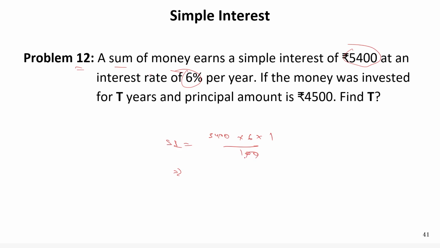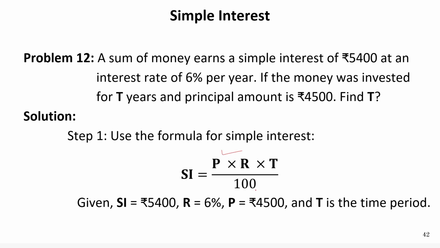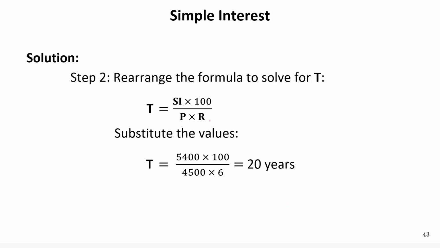Then we want to calculate the time for which the money was invested, right? With principal 4500, the time period is SI into 100 by PR, which is equal to 5400 into 100 whole by 4500 into 6, equal to 20 years. Okay, so this is the correct answer.